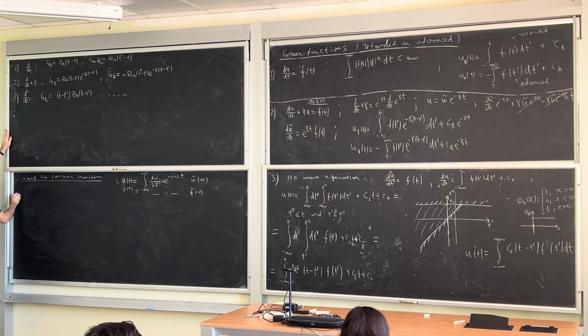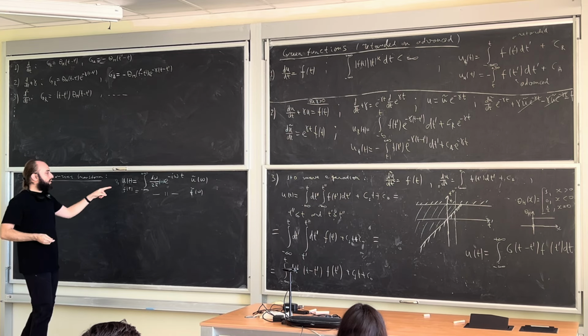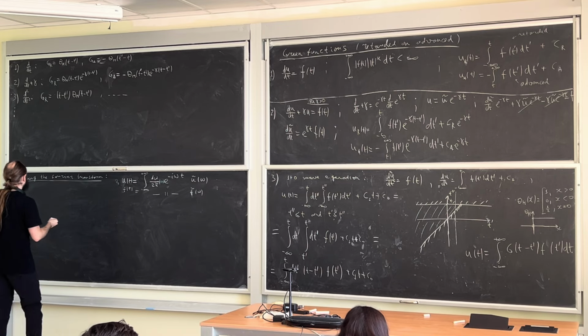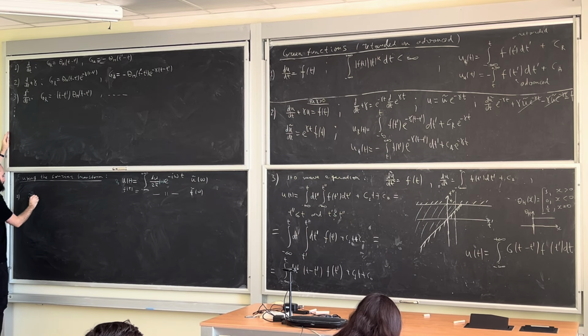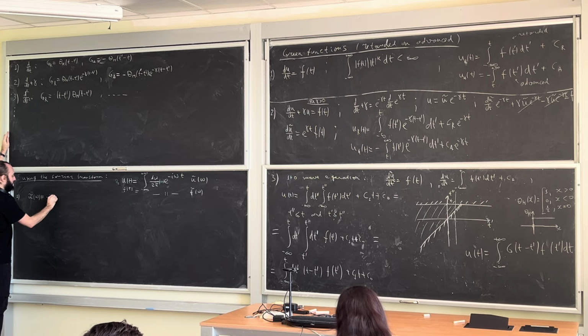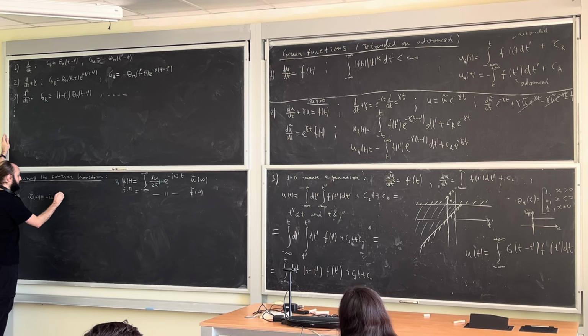So if we solve the first equation using the Fourier transform, we get the following relation between Fourier images: v tilde of omega equals minus i omega f tilde of omega.